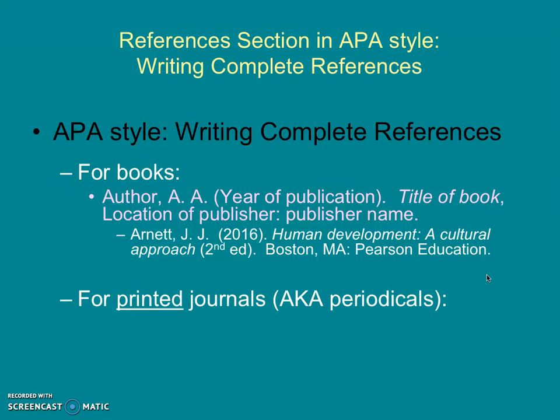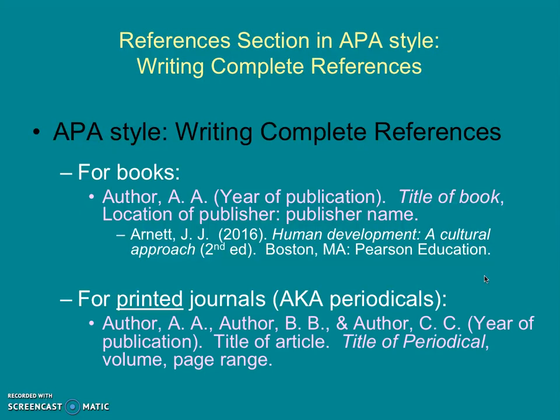Let's look at a printed journal, or what is called a periodical. For a class like this, you would usually be looking at scholarly journal articles. Again in pink, this time I'm using multiple authors and showing you how that would look. Author's last name, first initial, second initial, notice the periods, here's a comma to separate out the second one, and so on.